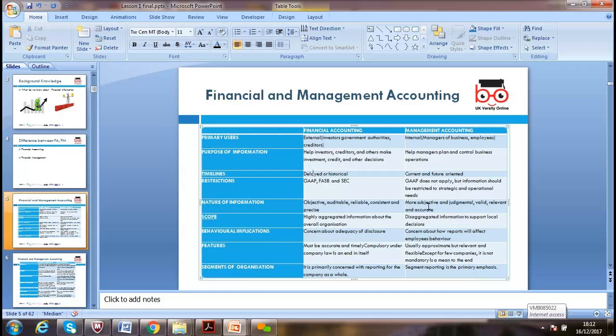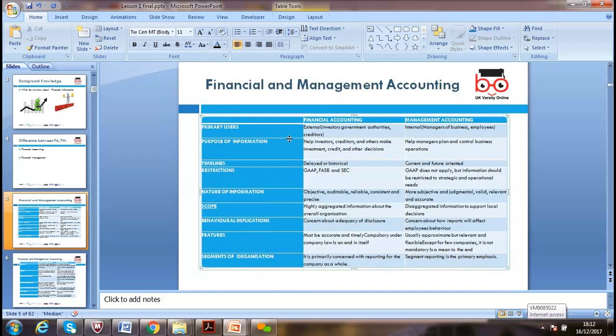They just want to make sure things are running smoothly, and by law it's not compulsory. Financial accounting gives aggregate information about the overall organization, but management accounting could be departmental and doesn't need to aggregate overall organization performance. Financial accounting reflects how the company performs in terms of profitability, which investors look at. So these are the key points.